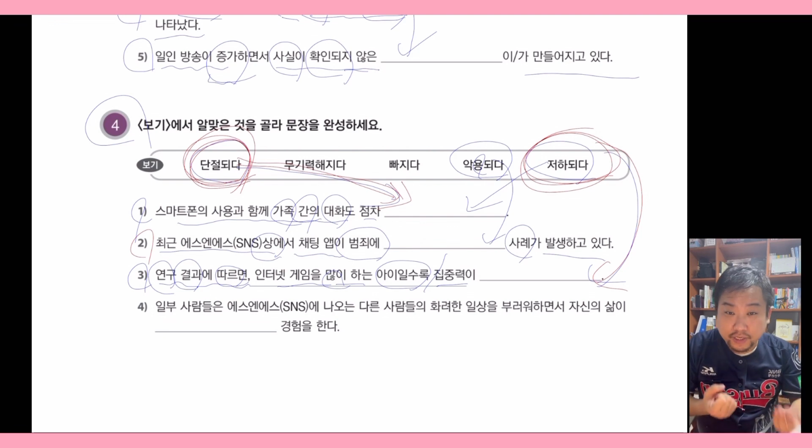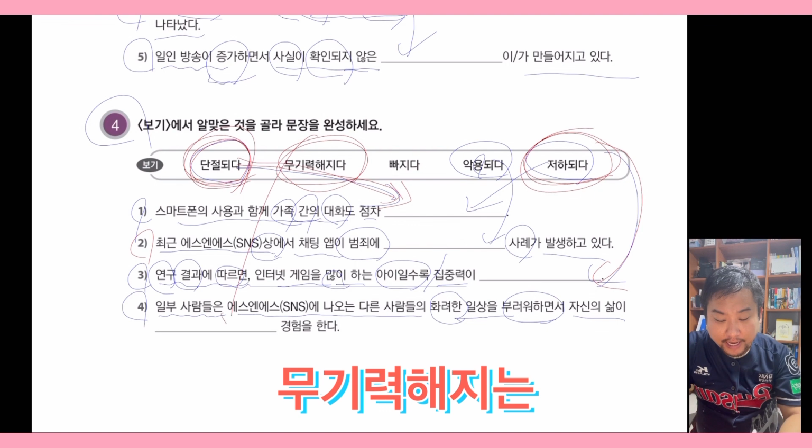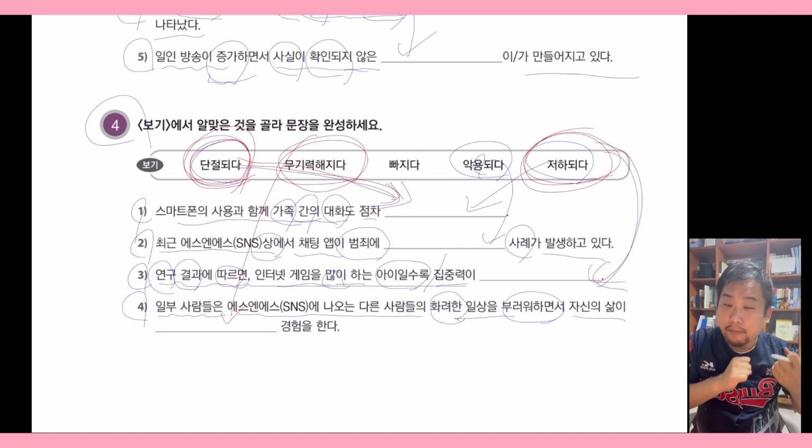According to recent research. Number 4, 일부 사람들은 some people SNS에 나오는 다른 사람들의 화려한, is brilliant, 화려한 일상, daily life를 부러워하면서 envy, 자신의 삶이 무기력해지는 경험을 한다. 무기력. So 무 is nothing, 기 is energy, and 력 is power.